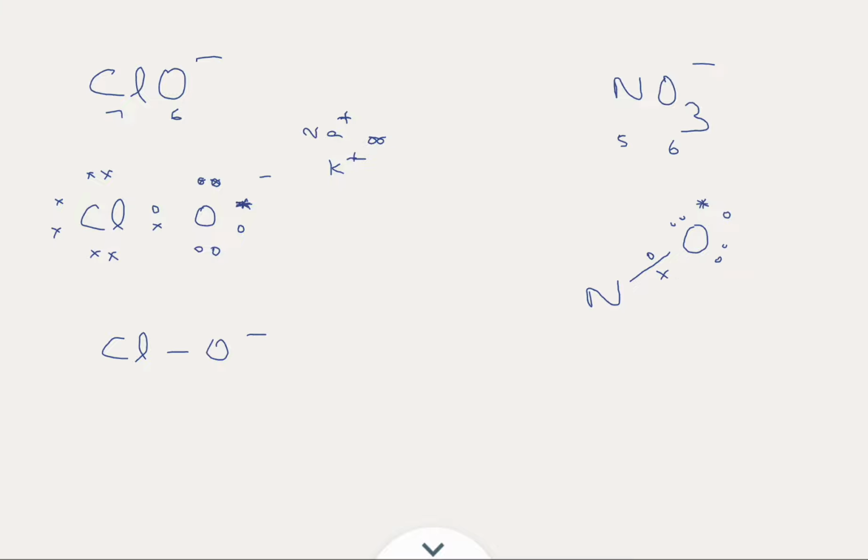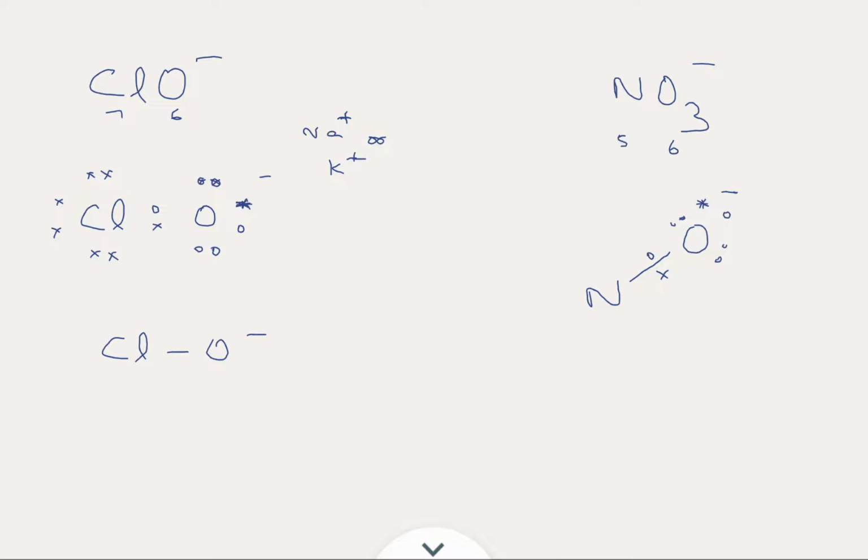Now do you see that oxygen had 6 electrons? It formed one single bond with nitrogen and 2 lone pairs, and this lone electron it has gained from a positive cation. So in the process it has become a 1 minus.